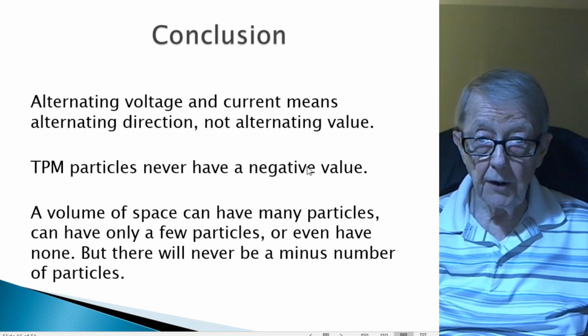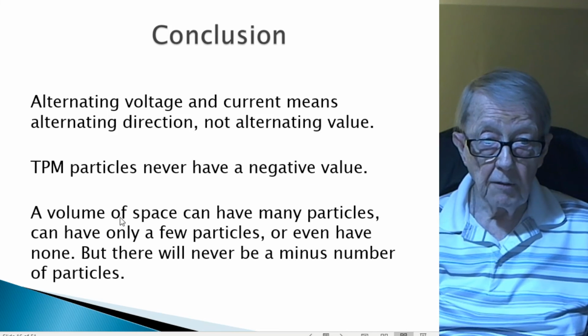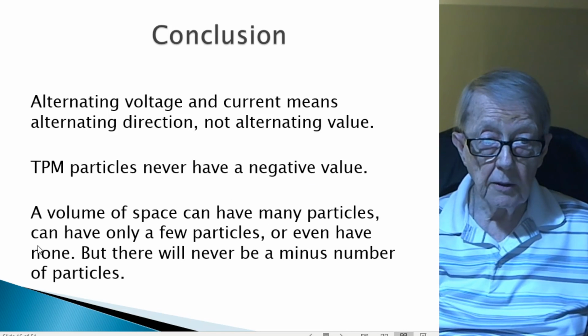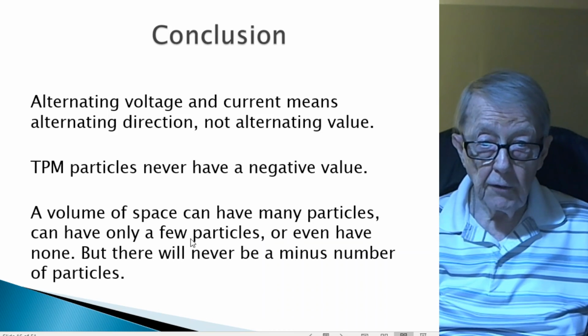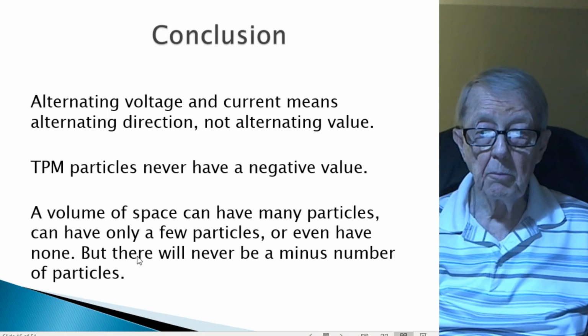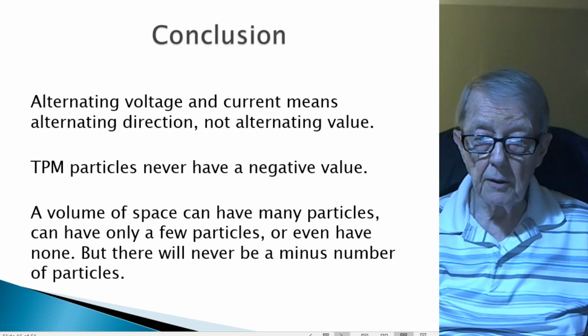TPM particles never have a negative number of values, is what I meant to say. A volume of space can have many particles, can have only a few, can have many, a few, or even have none. But there will never be a minus number of particles.